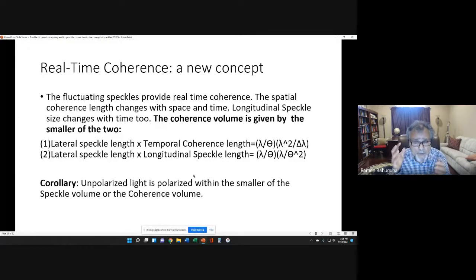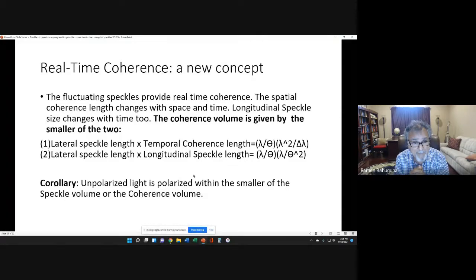So if you are observing in real time, the speckle is fluctuating. The speckle size is also fluctuating. It's true that the average speckle size is given by lambda over theta, but actually each speckle is changing in size and shape. So the coherence area is changing in size and shape with time.